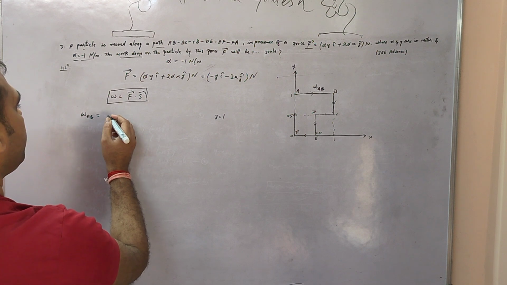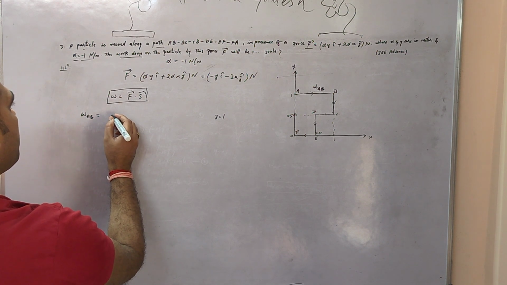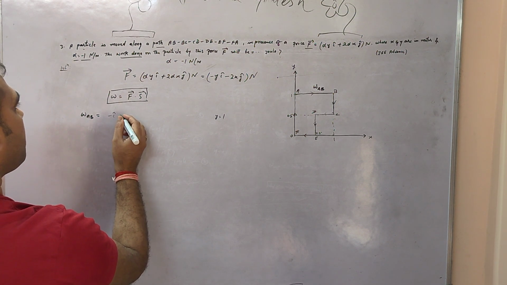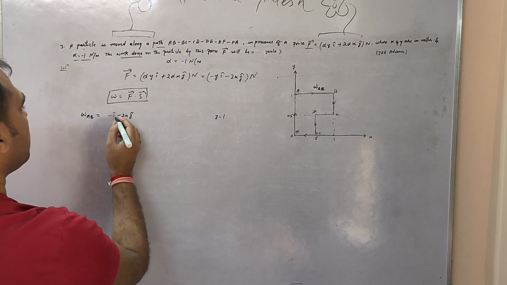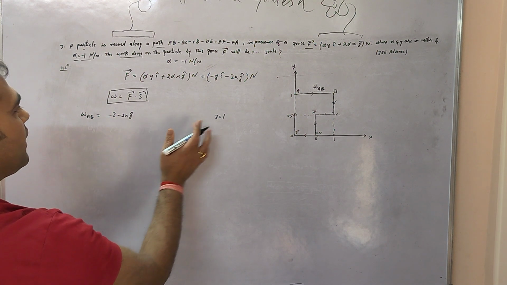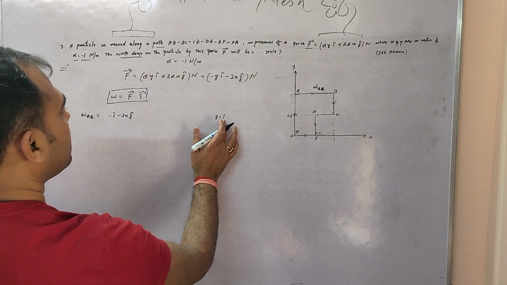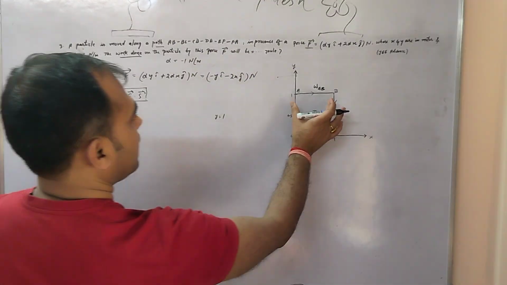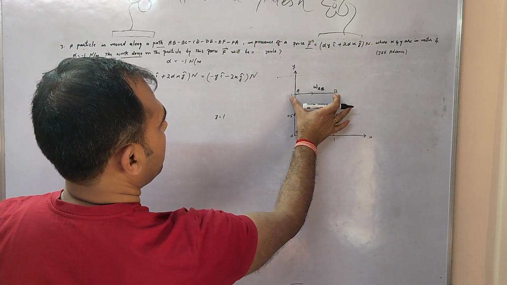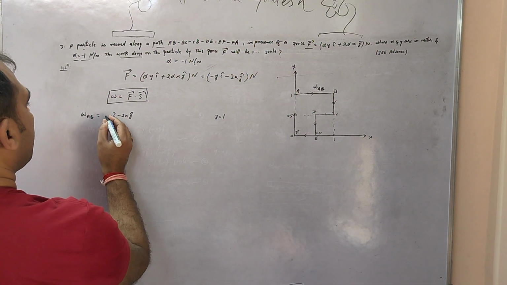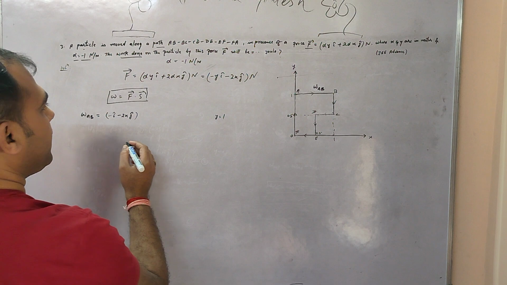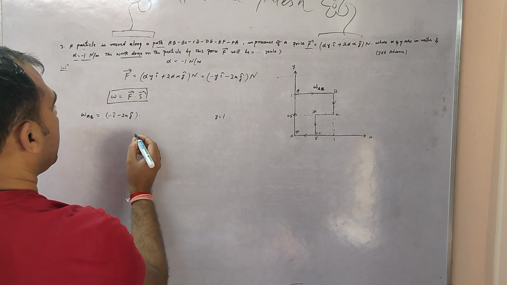So F AB will be equal to minus i cap minus 2x j cap. As y is constant, that is 1, only change is in the value of x, that will go from 0 to 1. This is our F AB dot S.